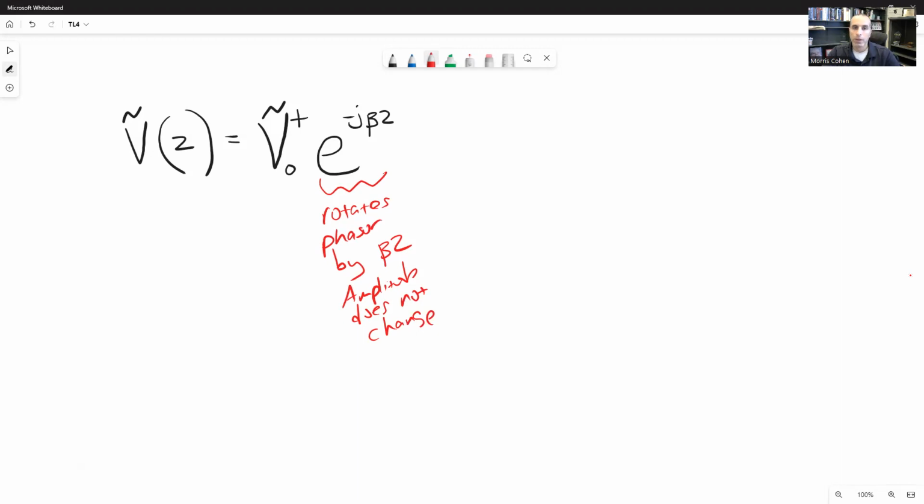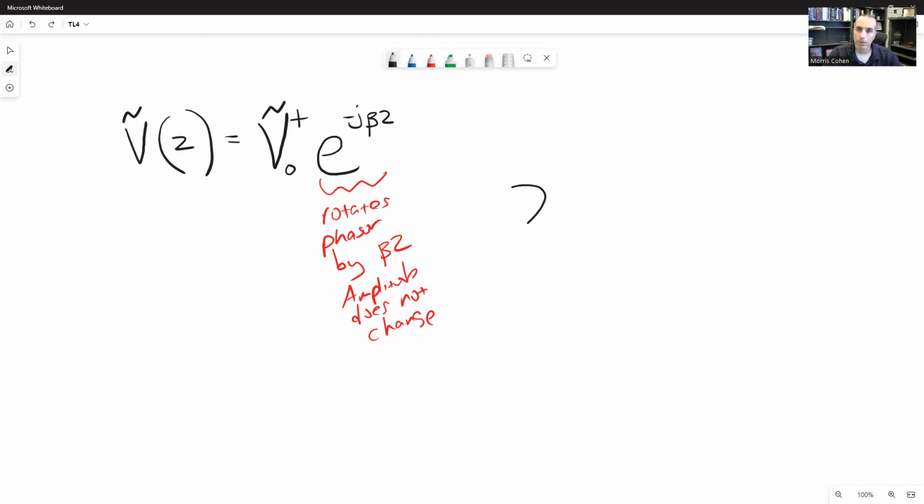Okay, what we're going to do is introduce a new way to look at this, and for that, we're going to define something called gamma. If you take the telegrapher's equations and go through the solution with partial differential equations and come up with the general solution, here's what you're going to come up with.